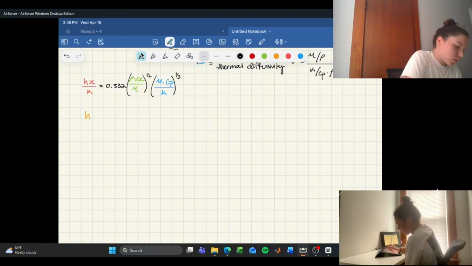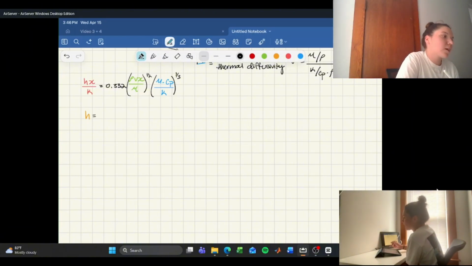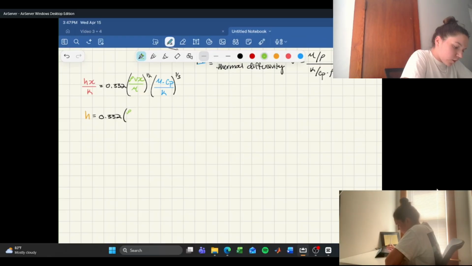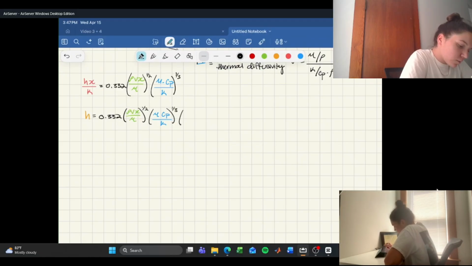So h is going to be equal to 0.332 times density times velocity times the length over viscosity to the 1/2, times viscosity times heat capacity over thermal conductivity to the 1/3, times thermal conductivity over the length.